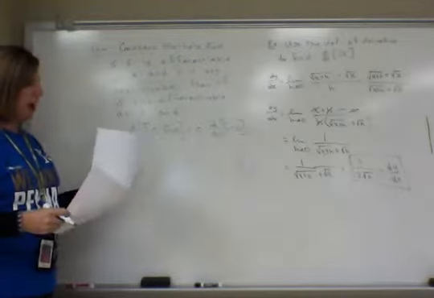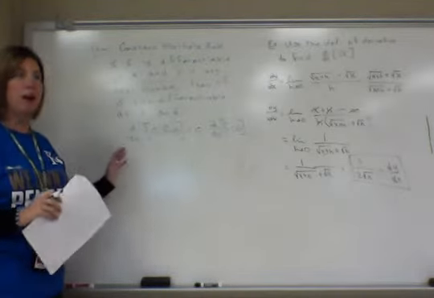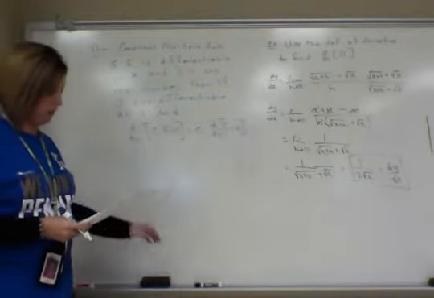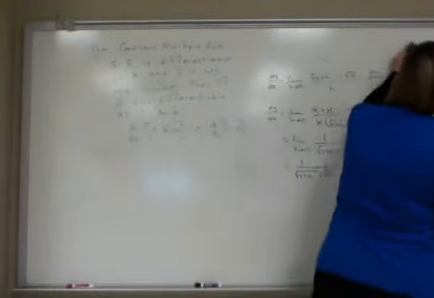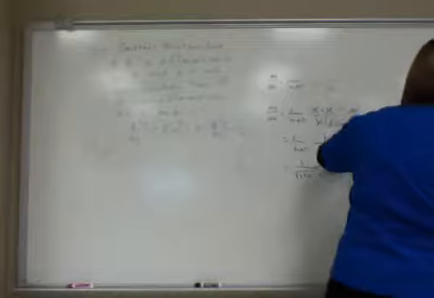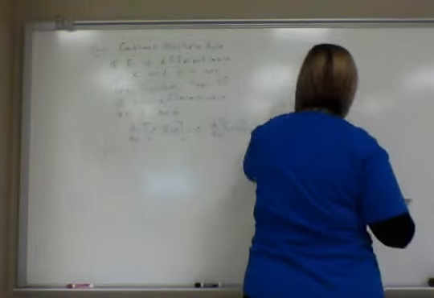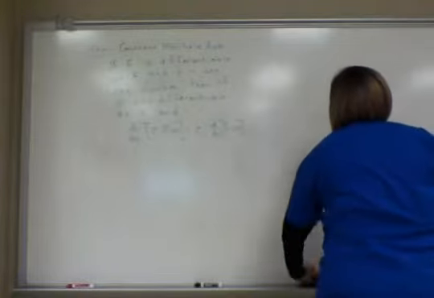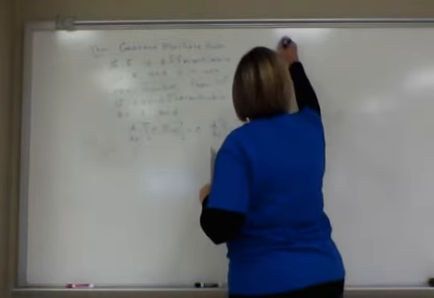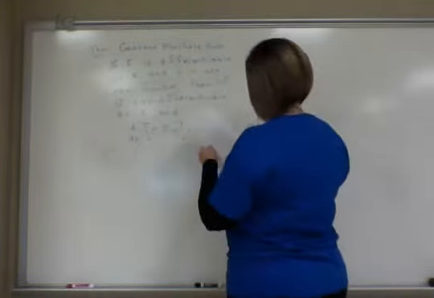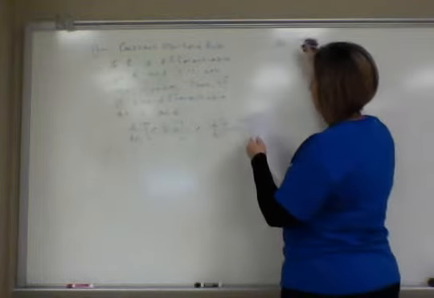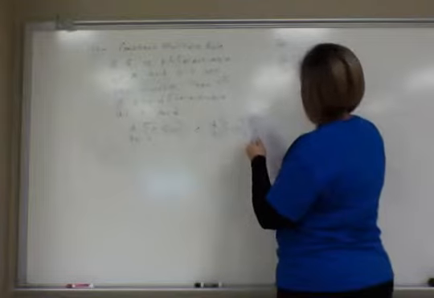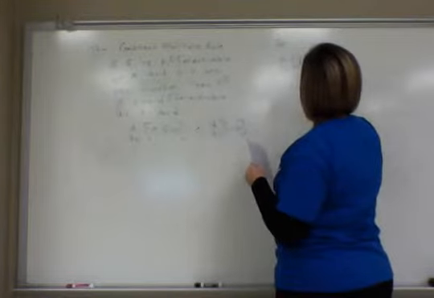Okay, and we're going to look at a couple of examples of how the constant multiple rule helps us out in finding derivatives. Okay, so the first example we're going to do is dx of 4x to the 8th.